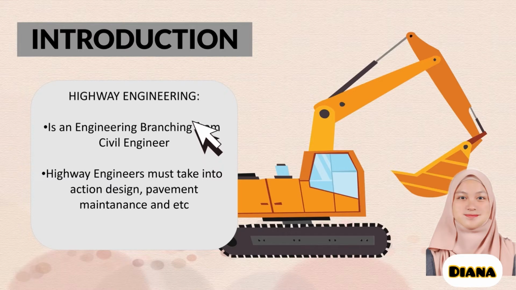It is to ensure safe and effective transportation of people and goods. Highway engineers must take into account future traffic flows, designs of highway intersection or interchange, geometric alignment and design, highway pavement material and design, structural design of pavement thickness, and pavement maintenance.